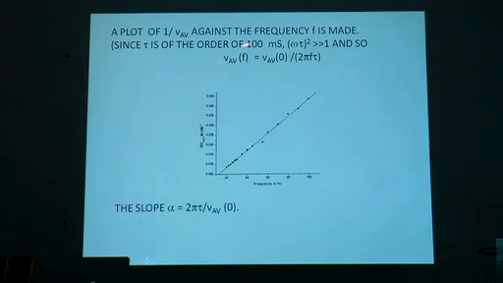So 1 by V will be proportional to f, and that is what you see here. The slope alpha is 2 pi tau by V average 0.